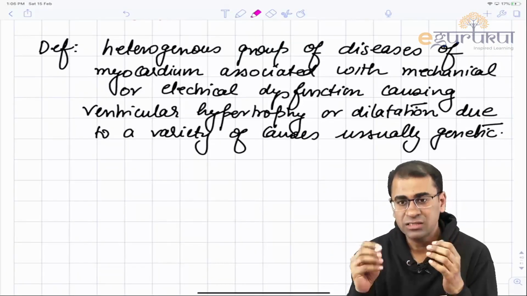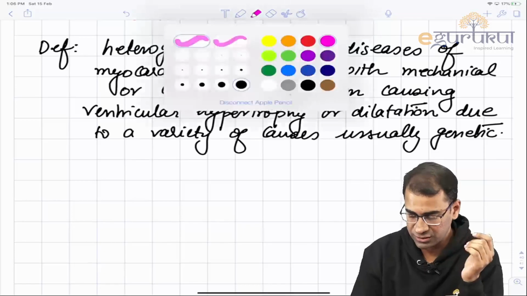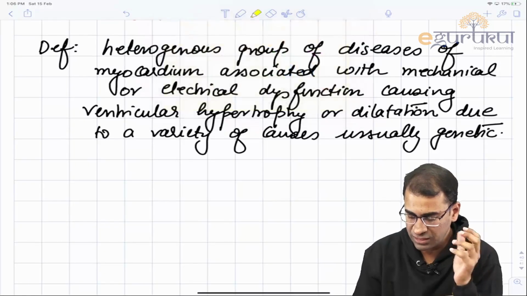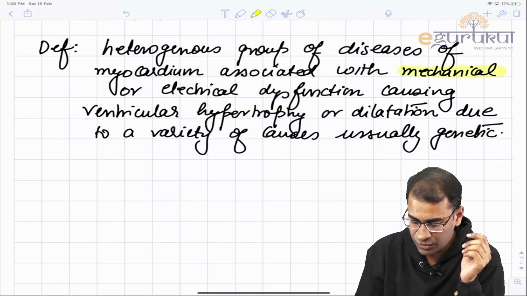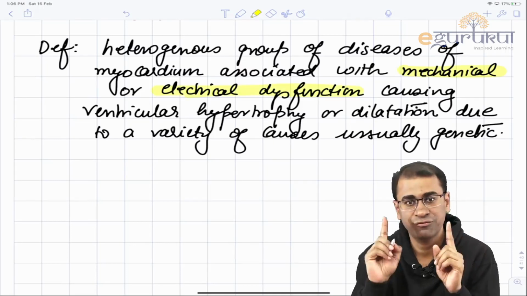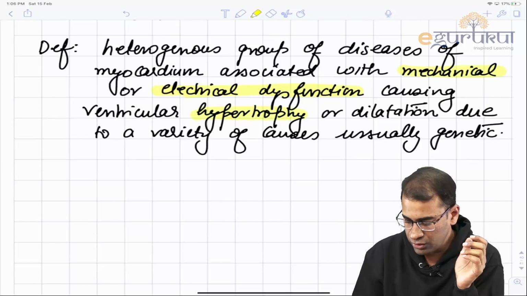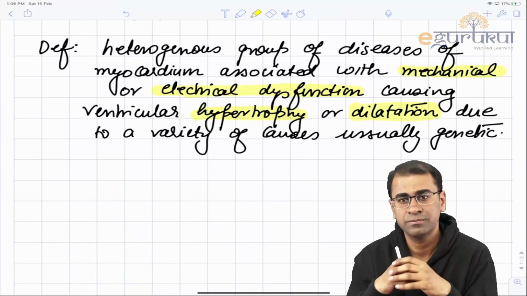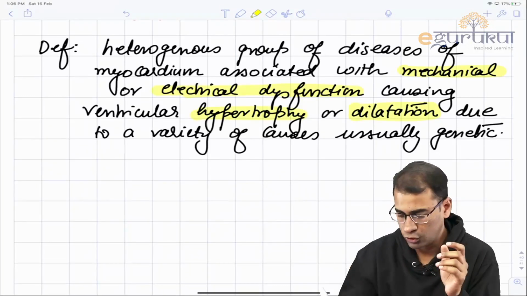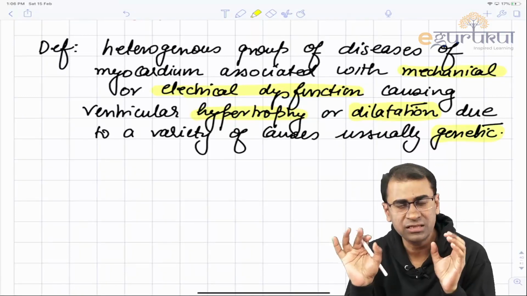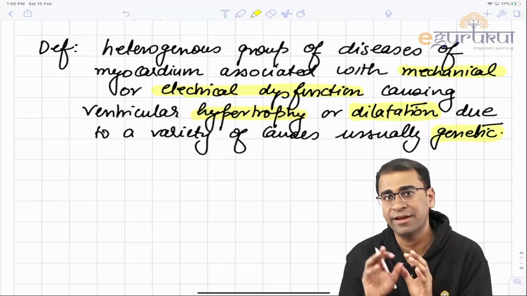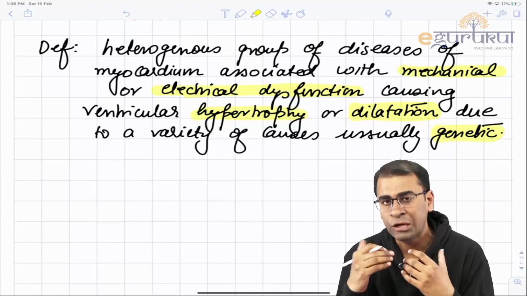The basic thing you should remember in the definition is that cardiomyopathy is a disease of mechanical or electrical dysfunction. First, it may cause hypertrophy, may cause dilation. Usually the causes are genetic. These three things must be there in the definition.